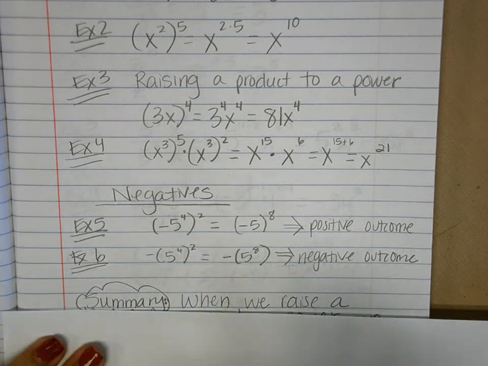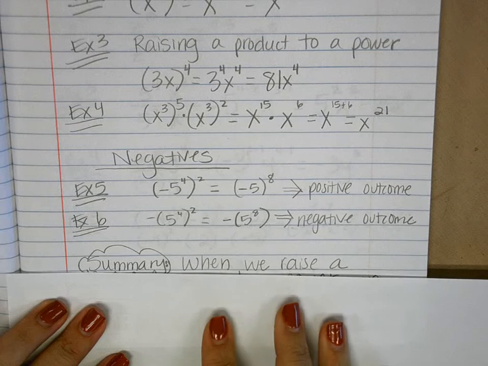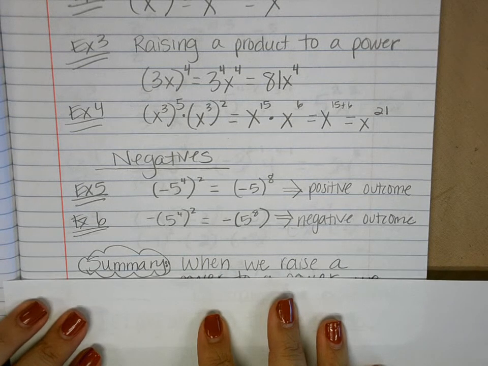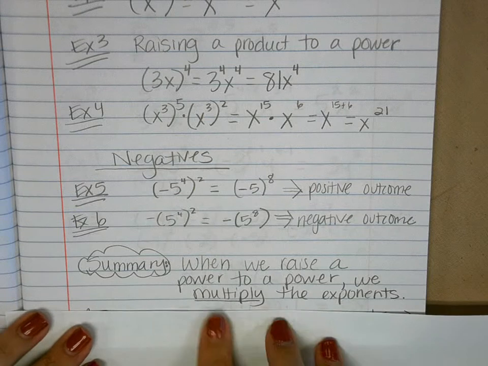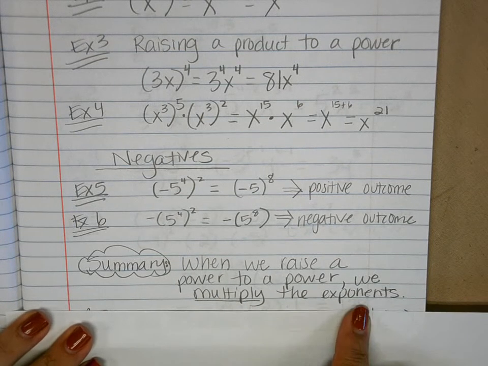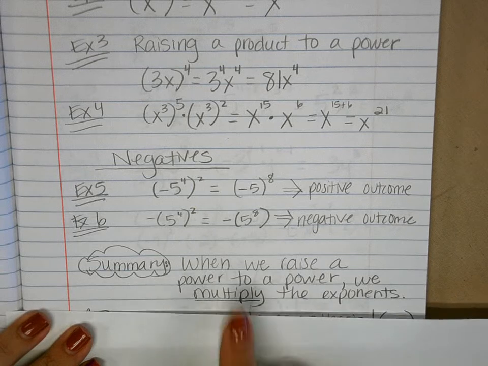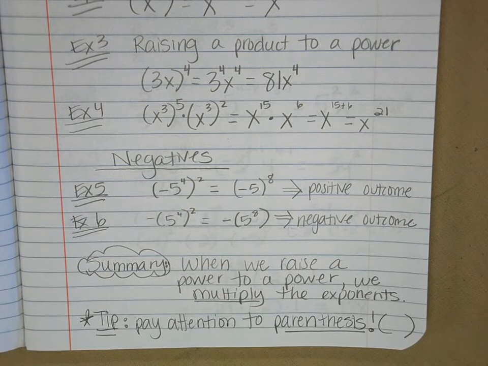Okay, so a summary of this raising a power to a power. When we raise a power to a power, we multiply the exponents. So think power to power, multiply. And I also put a little tip on the bottom if you want to write that down.